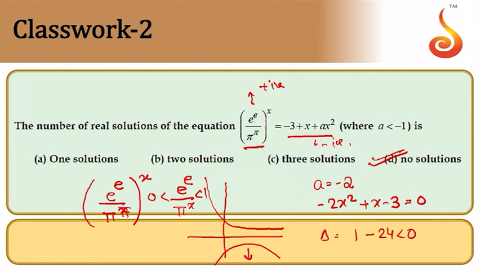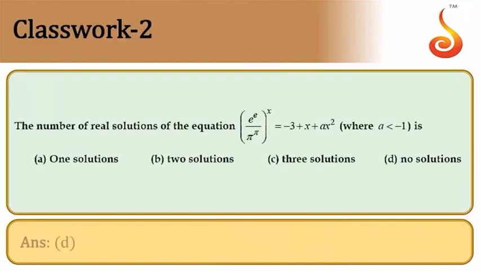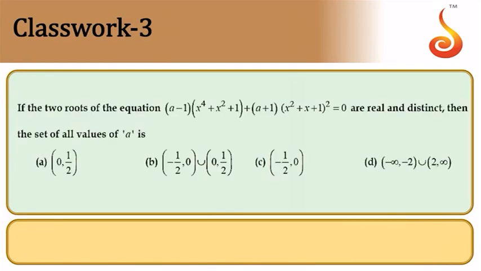This is always a positive quantity, but here it is always negative. There is no intersection at all. So option D is correct, no solutions.